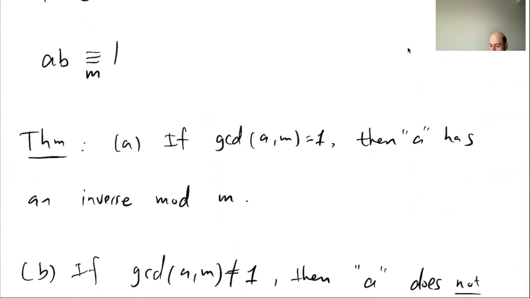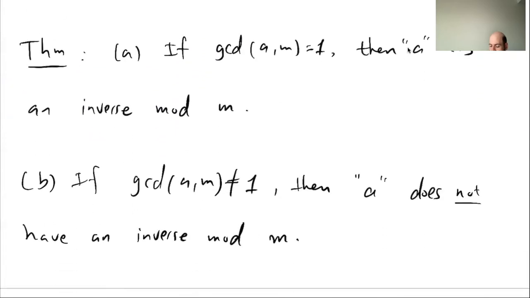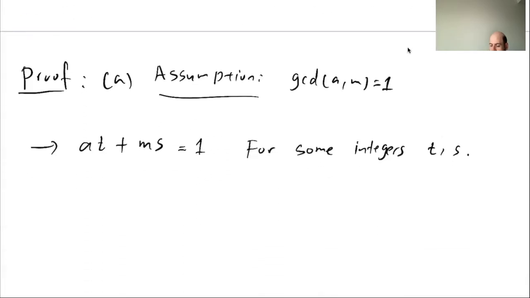Okay, and then I want to show that A has an inverse mod M. So what if I look at this equality as a congruence mod M? Of course, if two numbers are equal, they're congruent as well, right? Equality is stronger than being congruent.